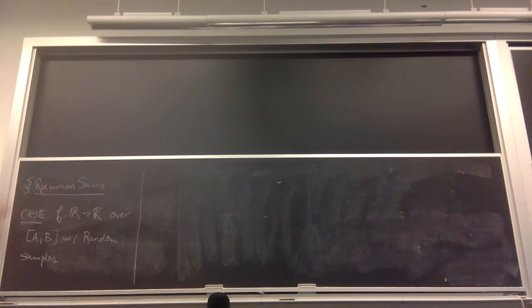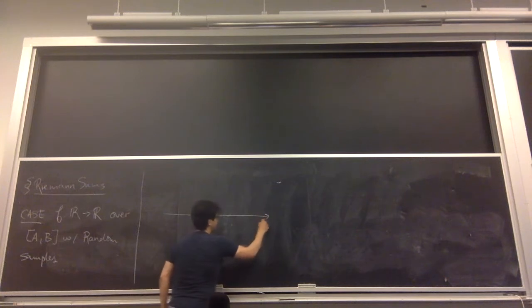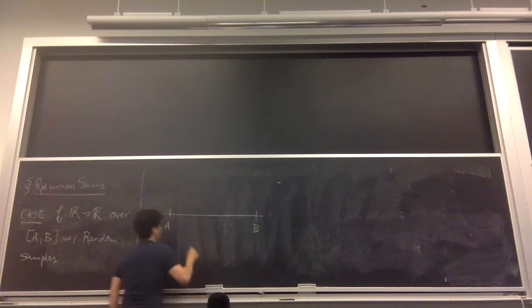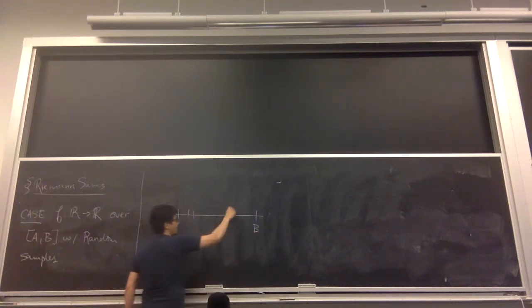Okay, so how am I going to write the sum so that it gives me the left and right endpoint estimation? So here's the scenario we're in. I'm on the real line, going from a to b. The samples are made randomly.